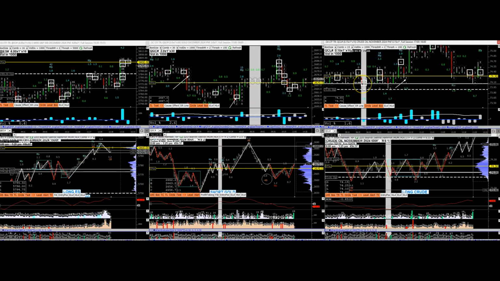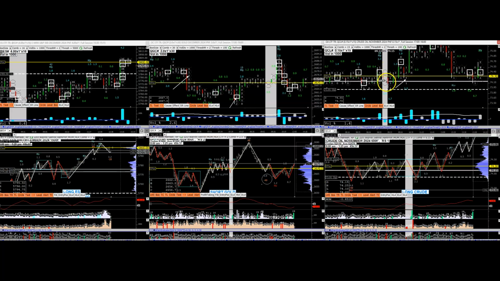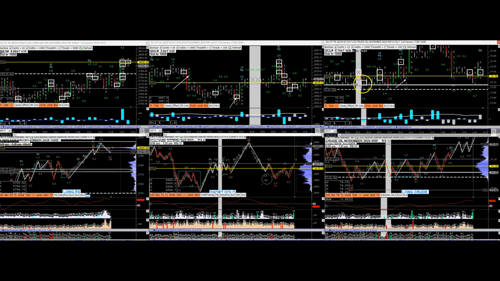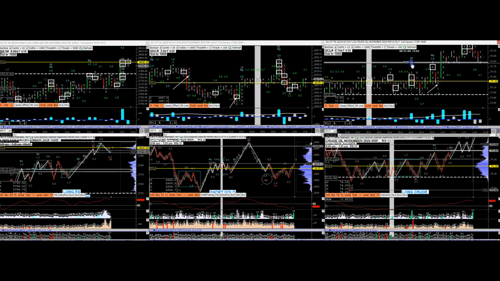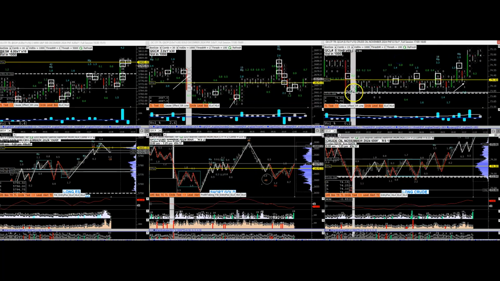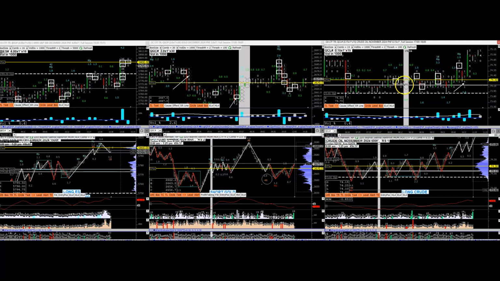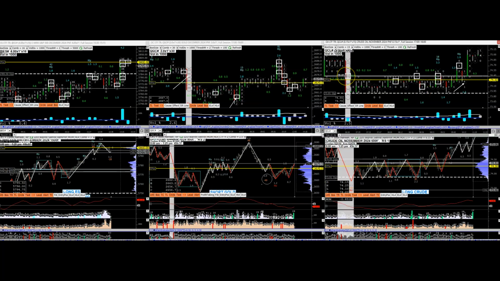You see this 3,000? When it breaks and comes back down, if you're going to buy the pullback, it's because there's these buyers here, this 3,000. Just like if you're going to sell on the pullback, you have evidence of prior selling, and that is an indication that there's sellers there.